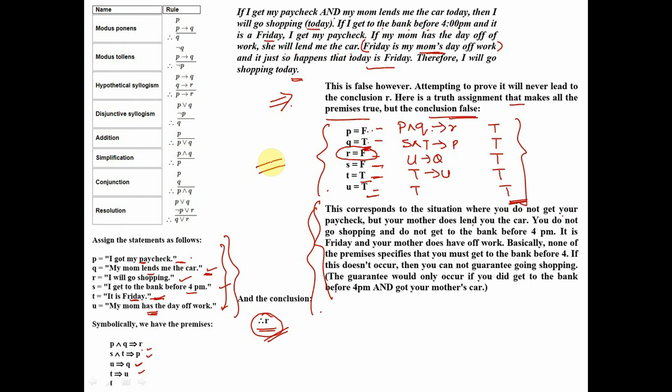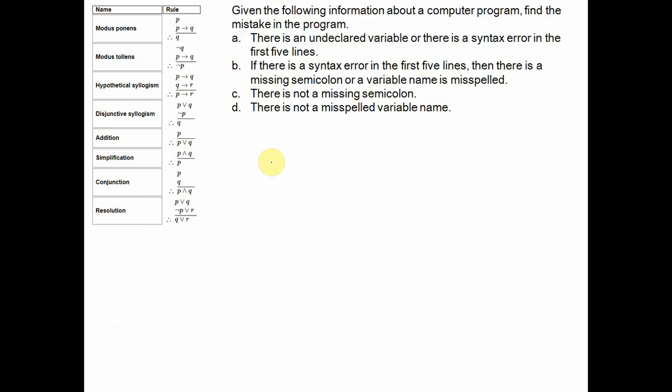You might get a problem like this also, that the argument that has been given to you is an invalid argument. So let us see a final question. Now this question is different in the sense that we have been given certain premises, but we have not been given the conclusion.